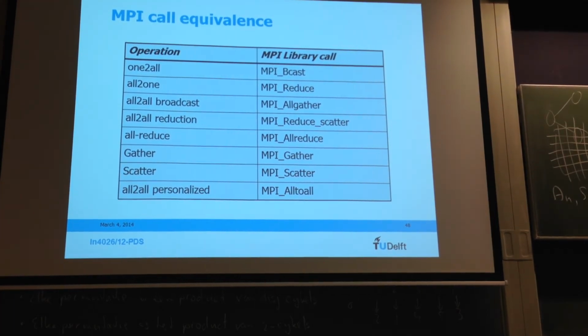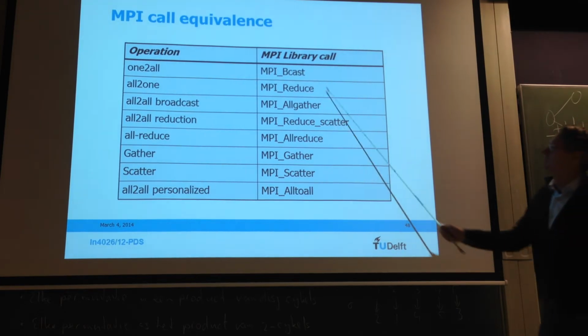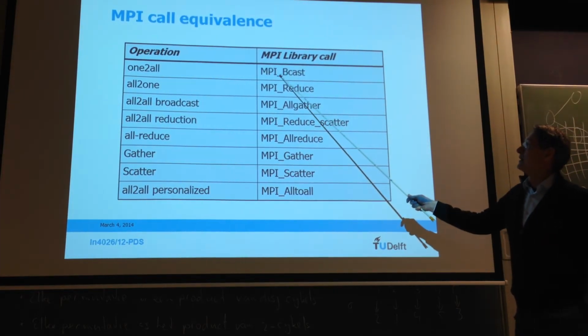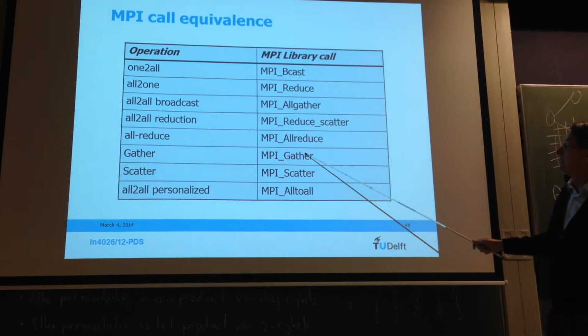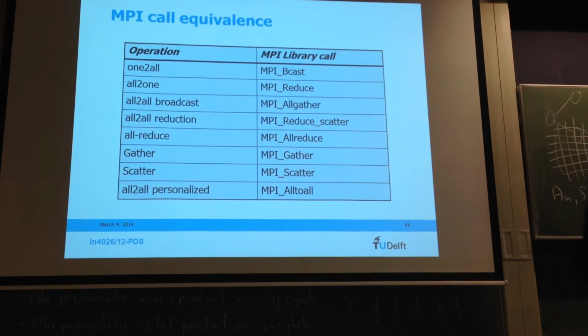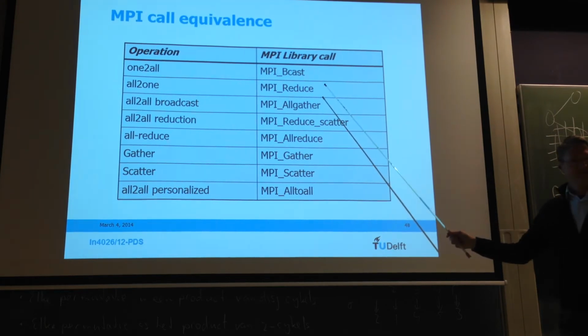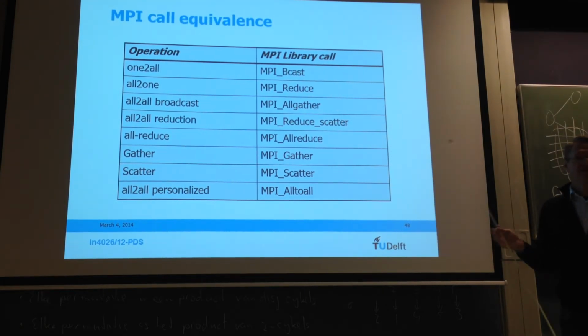So instead of hand-coding these operations using single message transfers in a loop, you can use the equivalent library call, for instance in MPI, and hopefully the implementers of the library did a good job implementing this efficiently. You have to be sure about that, because then it's no longer in your hands. If they don't, you might end up with the wrong complexity.